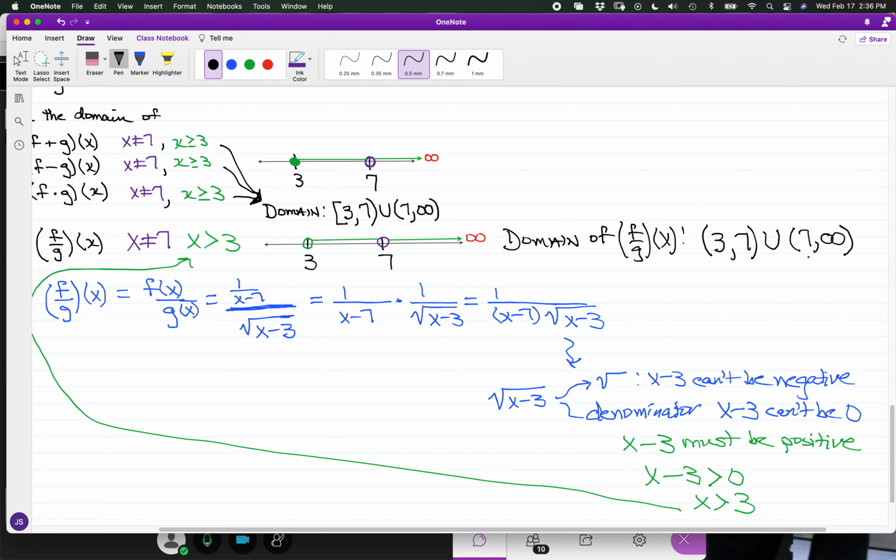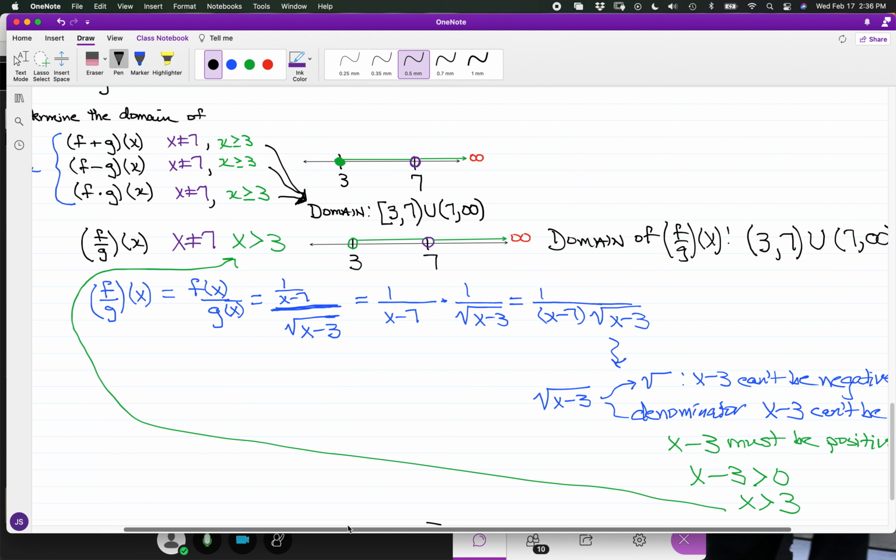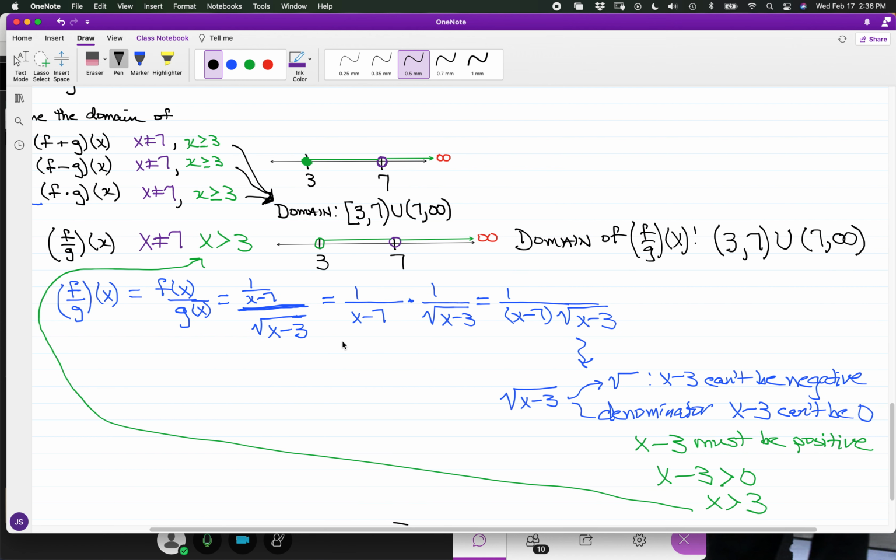All right. So again, we have almost the exact same domain this time around, but the quotient function has a slightly different domain. That is because with g of x in the denominator, I had to keep x minus 3 positive only. This time around, with g of x in the denominator, it had the added burden of not only not being negative, but also not being 0. And thus, we had the exclusion of 3.